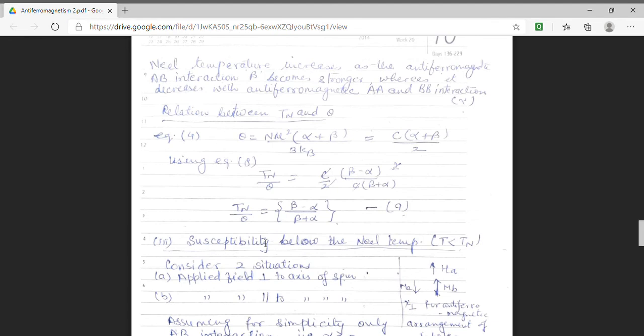I have two sublattices which are denoted by A and B, and we are applying the field perpendicular to the spin direction of these two sublattices.